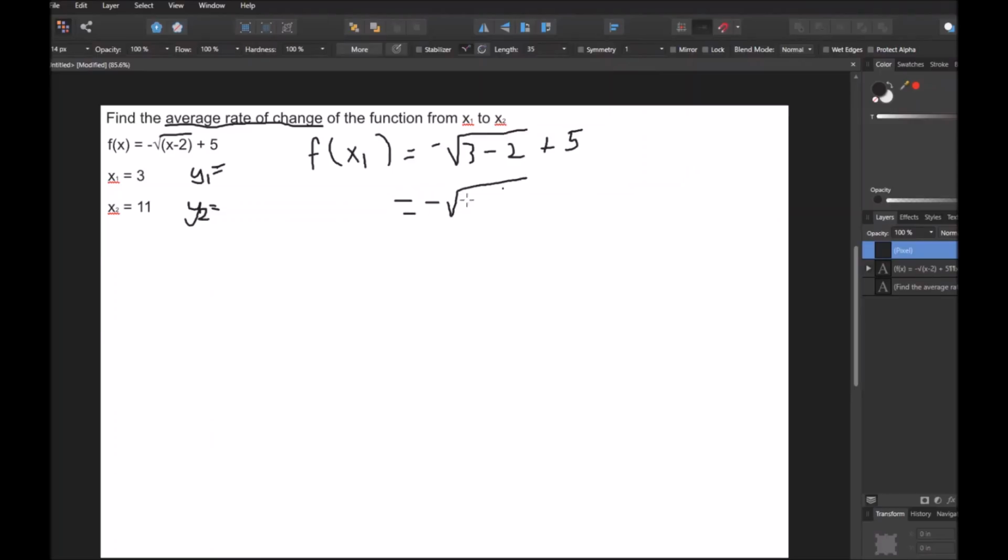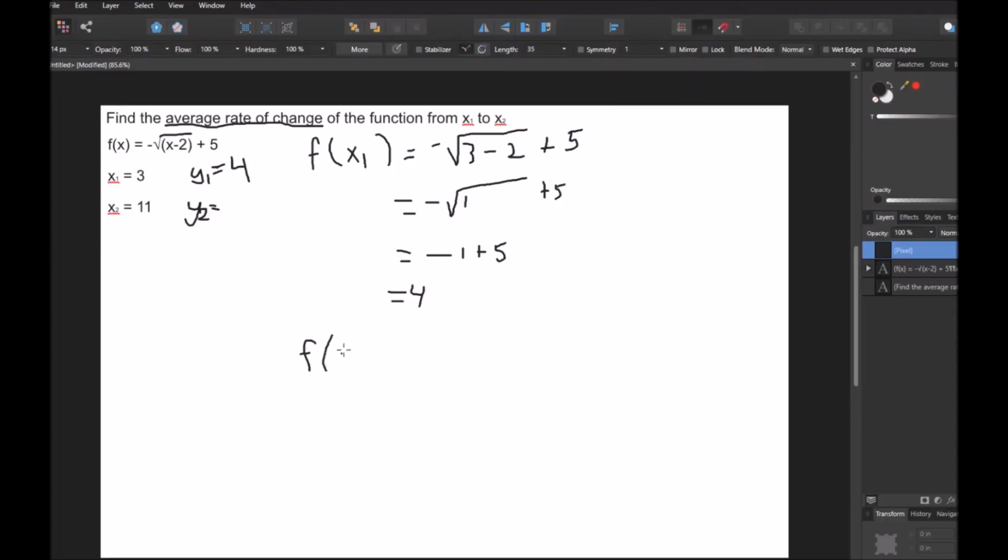So we have negative 1 times the square root of 1 plus 5. The square root of 1 is just 1, leaving us with negative 1 plus 5, which is just 4. So our y1 is 4.